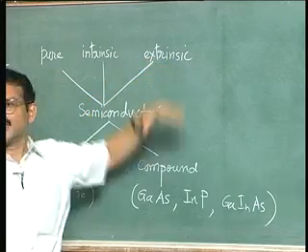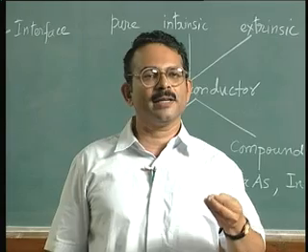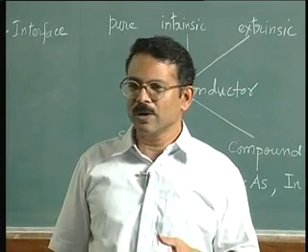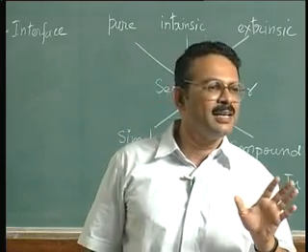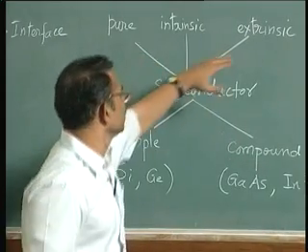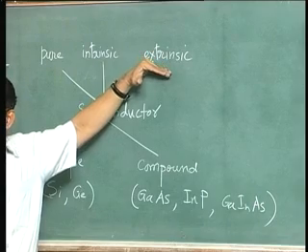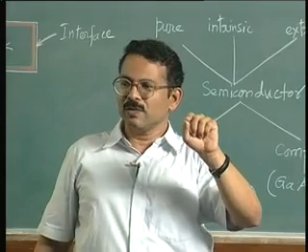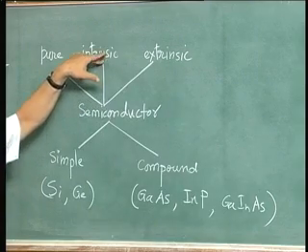And an extrinsic semiconductor is anything that is not intrinsic, which means it is a semiconductor with defects and impurities present, wherein the concentration of holes and electrons will not be the same under equilibrium conditions. So a doped semiconductor is definitely an extrinsic semiconductor, unless the doping is of two types of impurities which are exactly compensating each other, in which case it will become an intrinsic semiconductor.